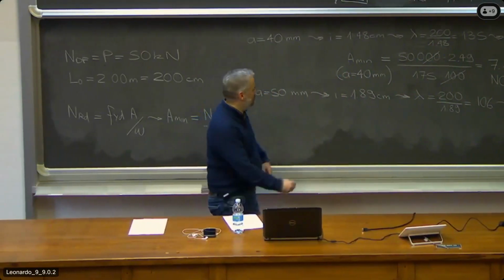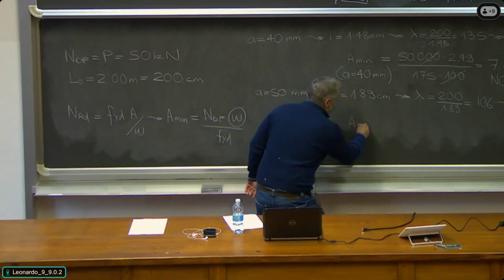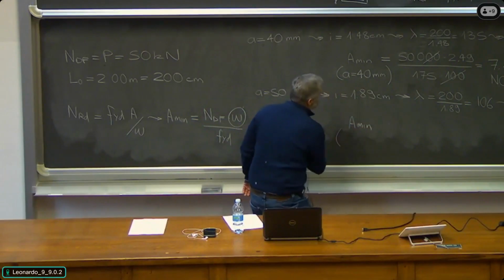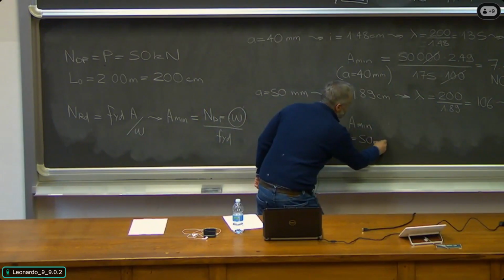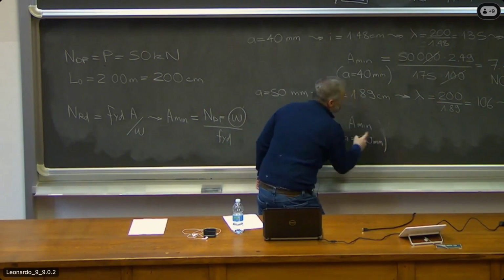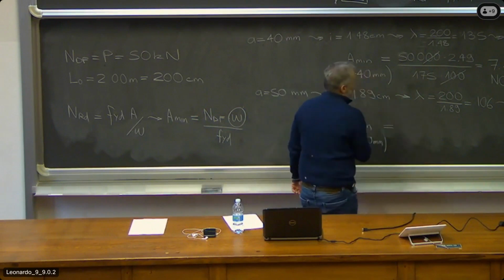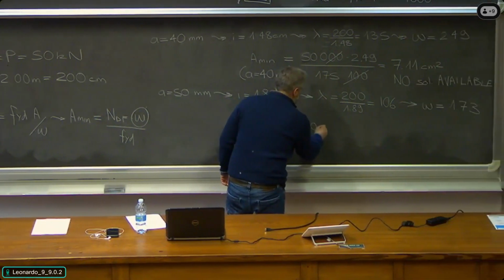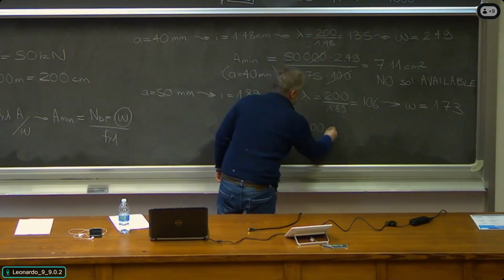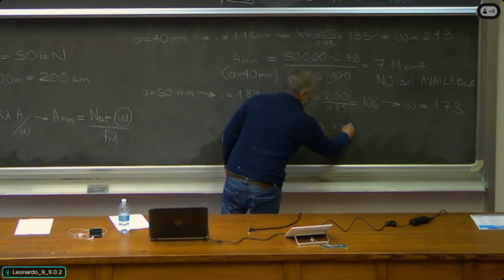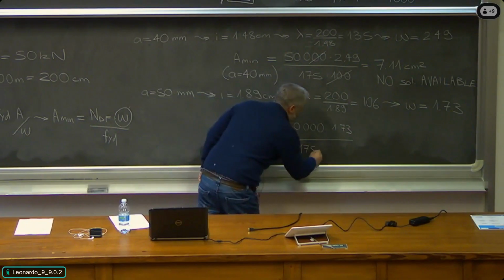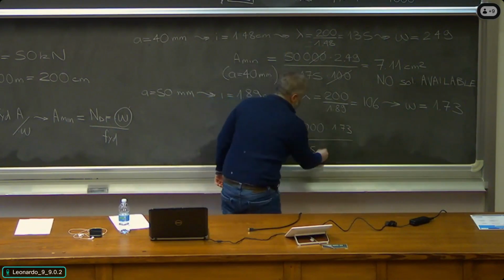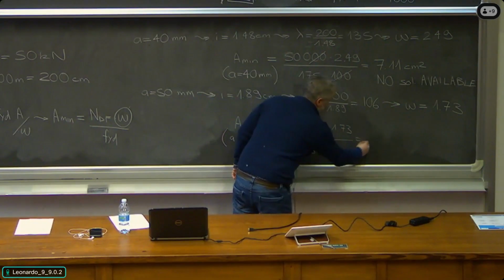Same calculation. A minimum, under the assumption that A is equal to 50 millimeters, will be what? 50,000 times 173 divided by 175 times 100 to get square centimeters.